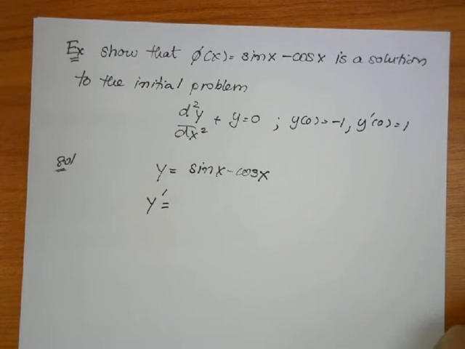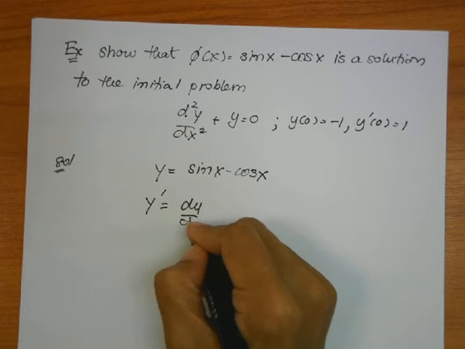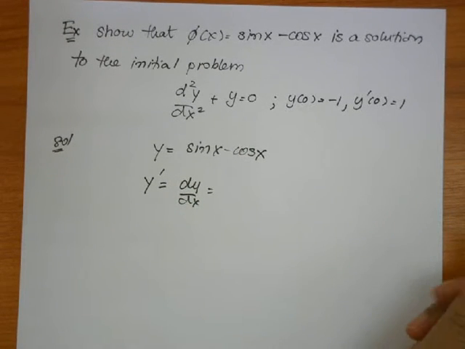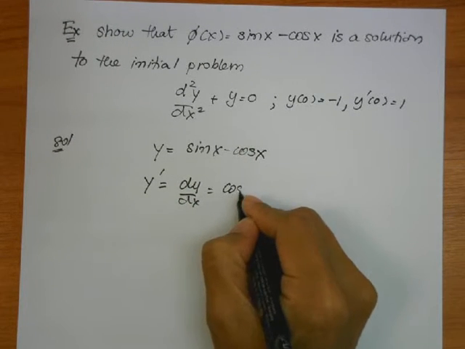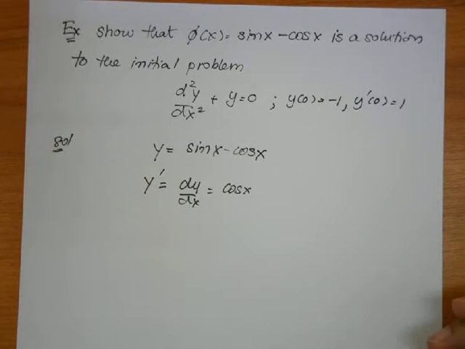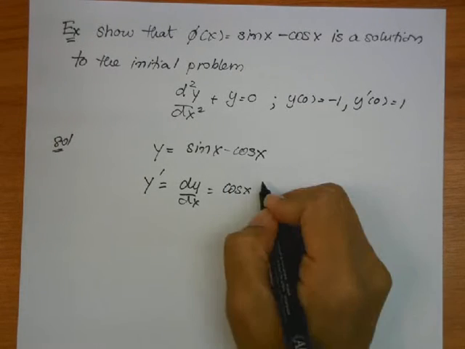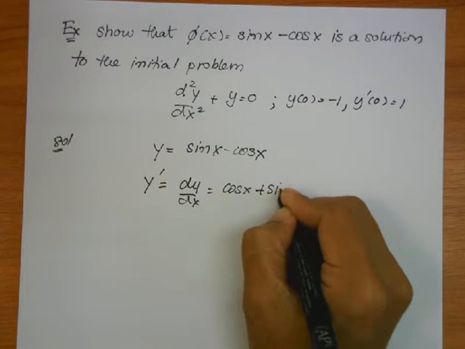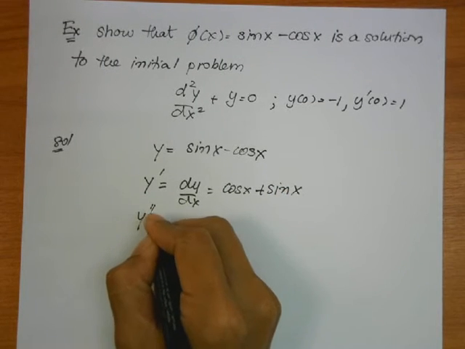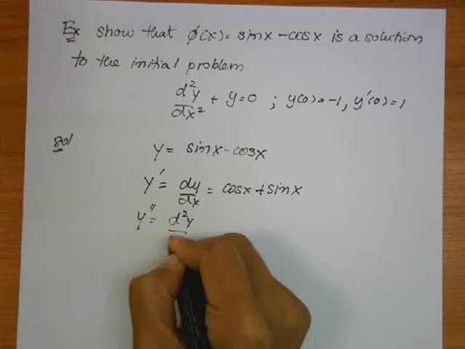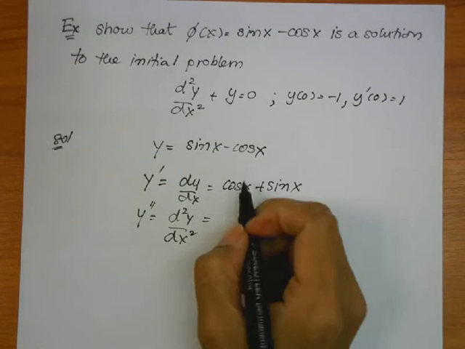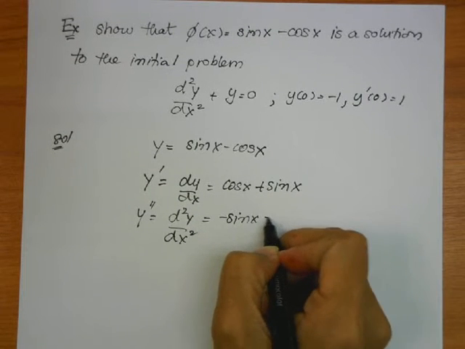Do the first derivative, what would you get? The derivative of y with respect to x is cos x plus sin x, since the derivative of cos x is minus sin x, and minus times minus equals plus. Then do the second derivative of y with respect to x.